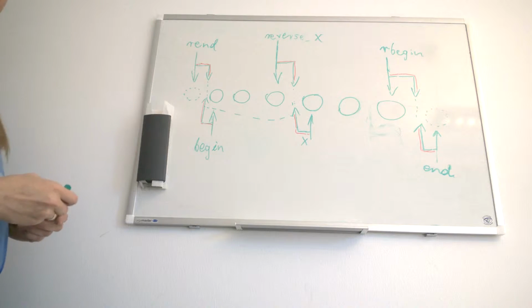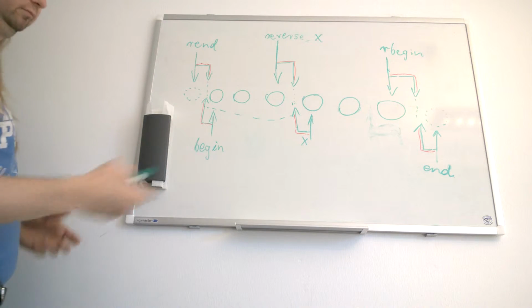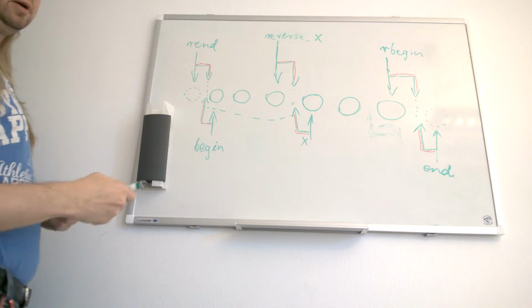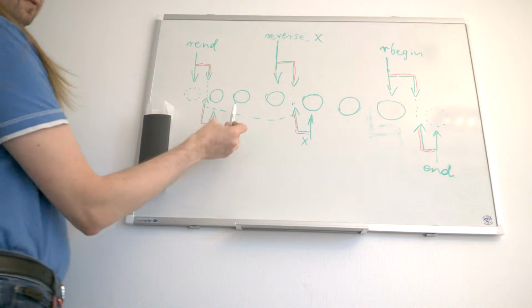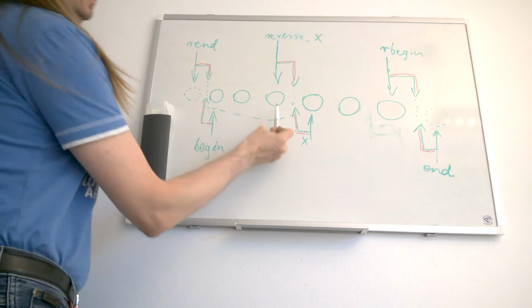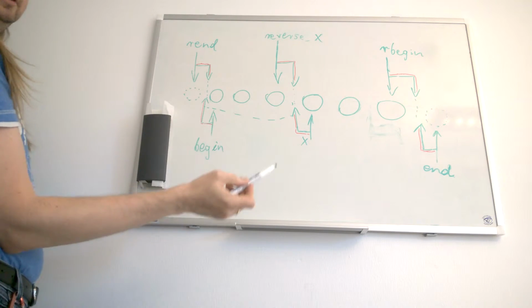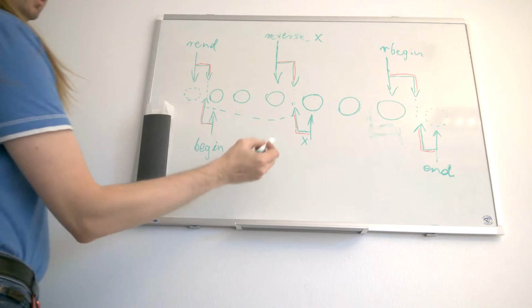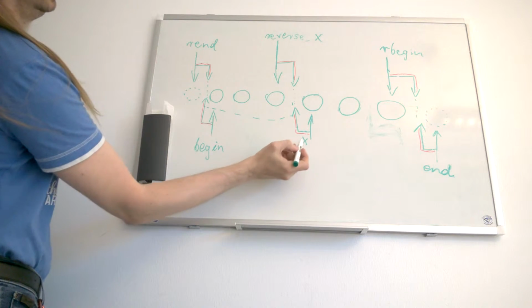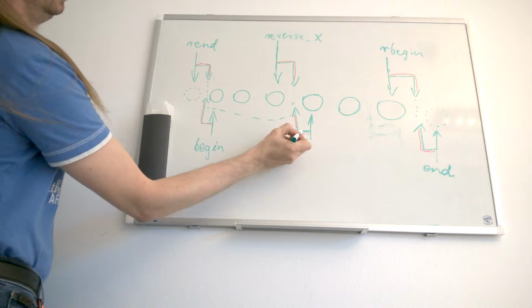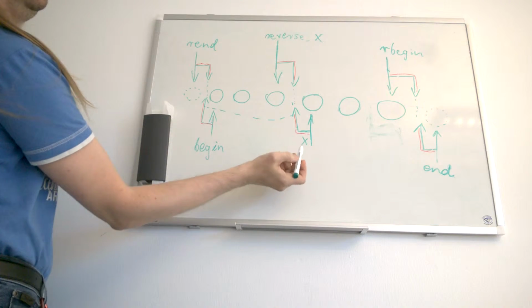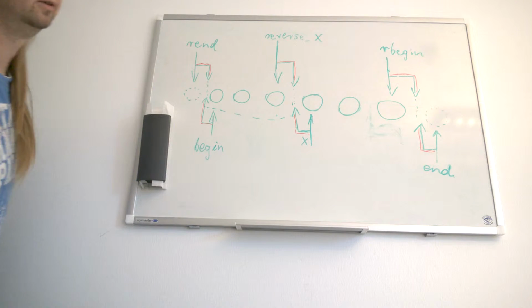Several containers offer random access to elements. Several containers can only make the iterator point to the next element, and some containers allow selecting an iterator that points to a previous element. So if we have this one, we can have a previous element from this, which is this one.